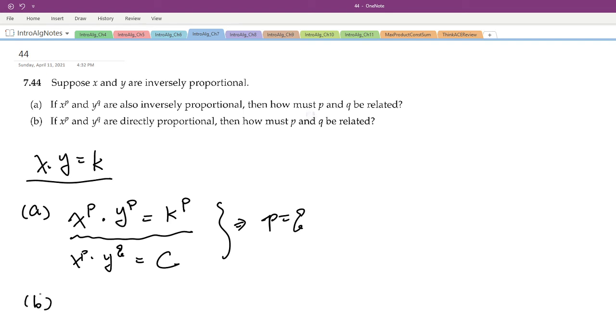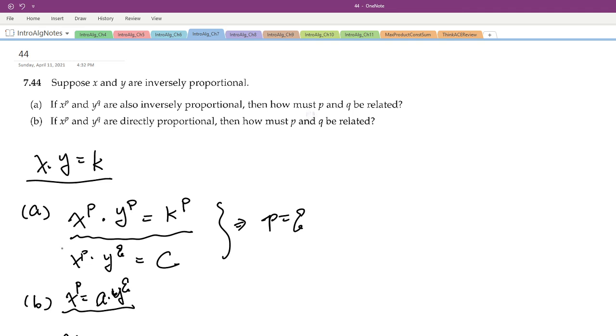Part B: xp and yq are directly proportional. Then how much? So xp and yq need to be directly proportional, meaning x equals a times y. This is called direct proportion, a times yq.